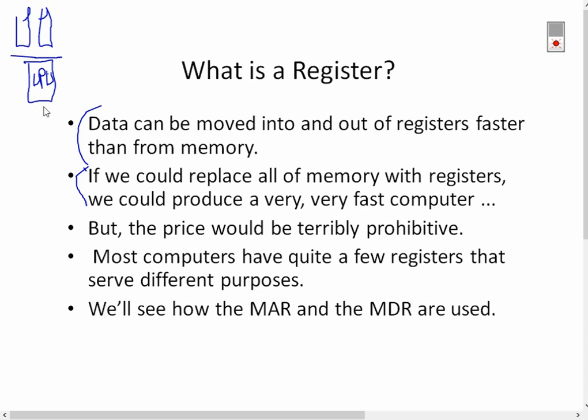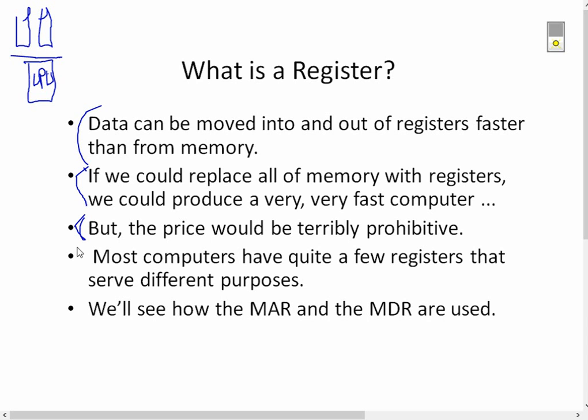The registers are actually right in the same silicon as the CPU. So its access is very fast because it's all within the same physical chip, but it's also very expensive because it's very difficult to put that many transistors on that CPU. So again, this becomes a little bit price prohibitive.